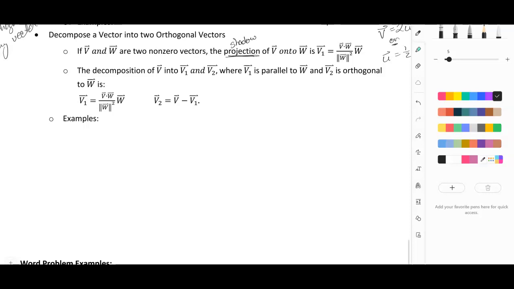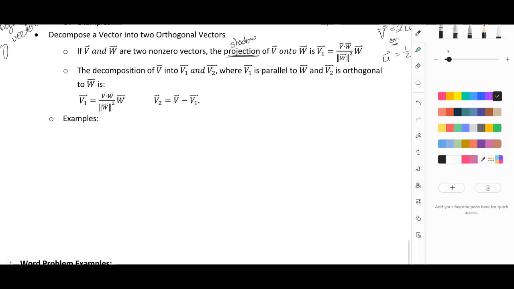Now notice this is going to be a scalar multiple of w, and that scalar value is going to be the dot product of v and w over the magnitude squared of w. To find the other vector, because we're decomposing into two vectors, we're going to take v2, that's our second vector, and take the original v and subtract that scalar multiple v1 that we just found.